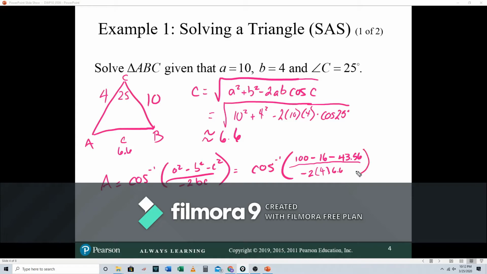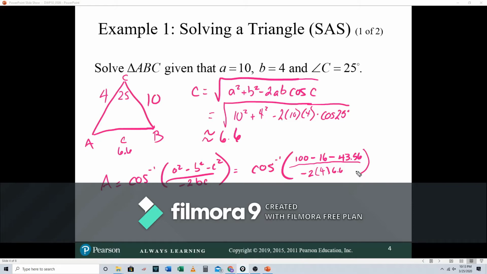All right, I'm going to put this in a calculator. So this is going to be arc cosine of the fraction 100 minus 16. Now, if you want to be as accurate as possible, you can scroll up to what you had and square that.